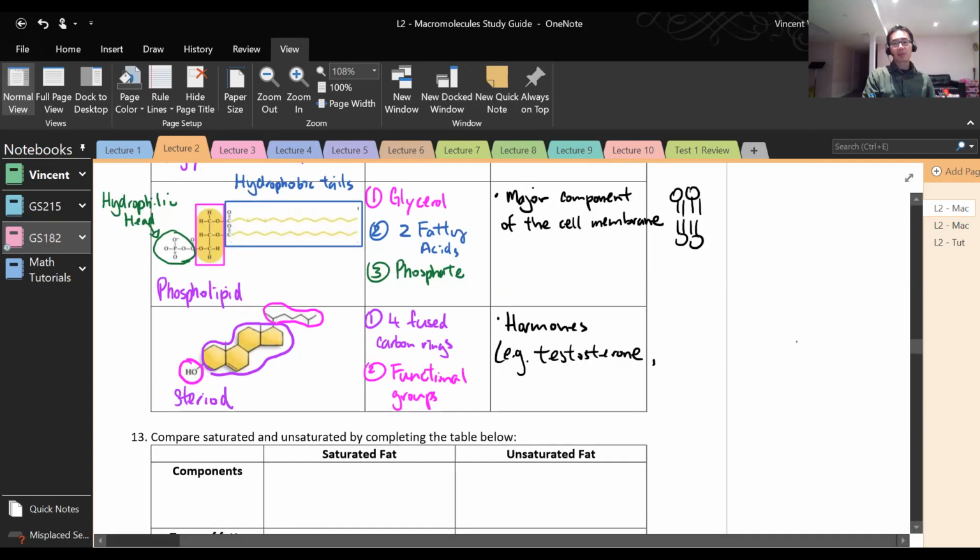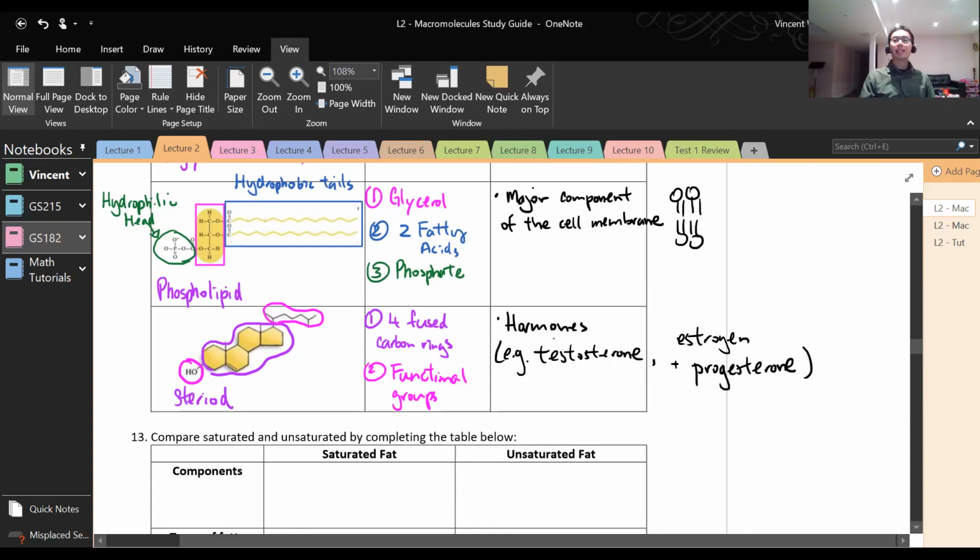What about for females? What's the dominating sex hormone for females? Estrogen. And one more? What's the other one? Progesterone. That's right, progesterone. Very good. So these are steroid hormones, and we make them from cholesterol.